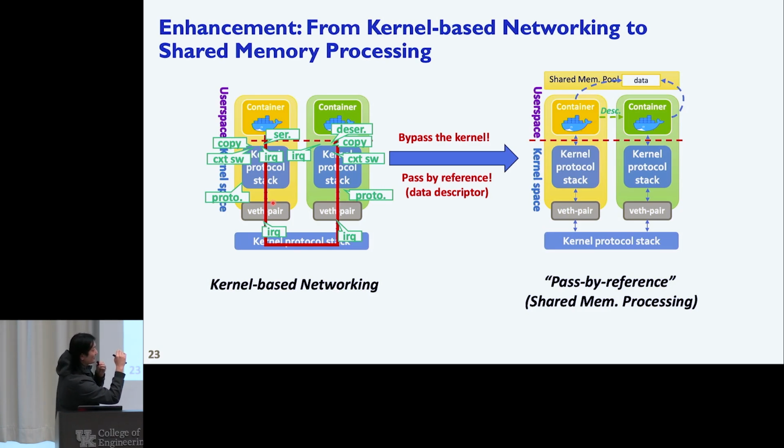Instead of relying on the kernel to pass the data between the source and destination, they simply pass a reference, which is the data descriptor that points to the data in the shared memory between the containers, to enable the communications, so that we can avoid all of this overhead caused by kernel-based networking.